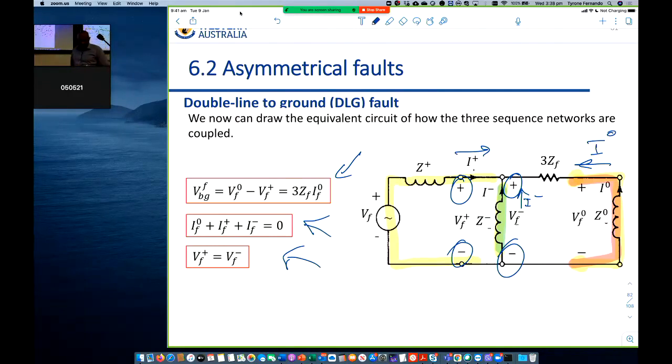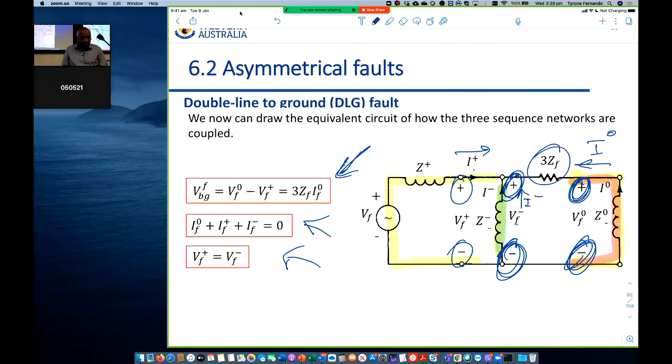The last thing that we need to satisfy is the first equation: Vf0, which is this voltage, minus Vf plus, which is this voltage, must equal 3 times Zf times I0.